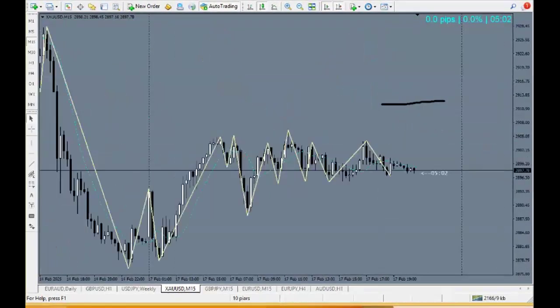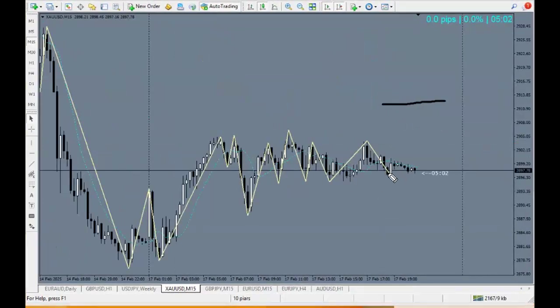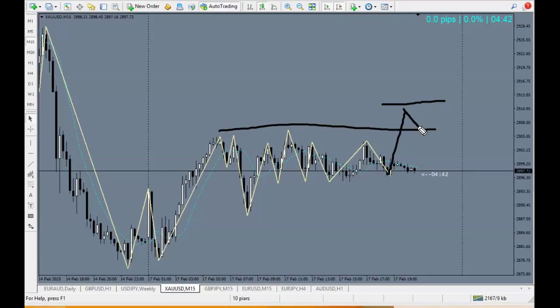Currently it is down here. So if it breaks these zones and breaks to the top side, then I'll just wait for a pullback from that resistance level, and then look for it to begin to go up.